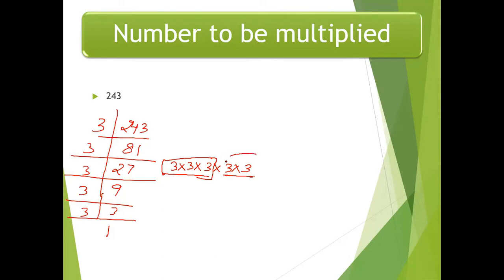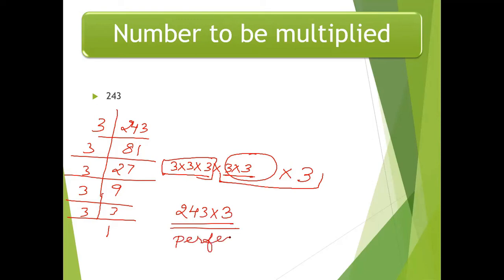So if we multiply this number one more time by 3, it will make a perfect cube. So if we multiply 243 by 3, it will be a perfect cube. Okay, so the answer is 3.